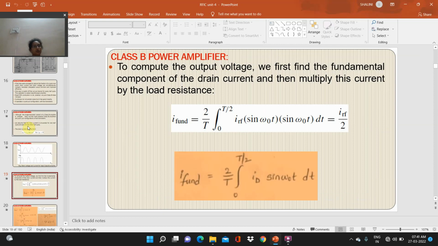To compute the output voltage, we first find the fundamental component of the drain current and then multiply this current by the load resistance.